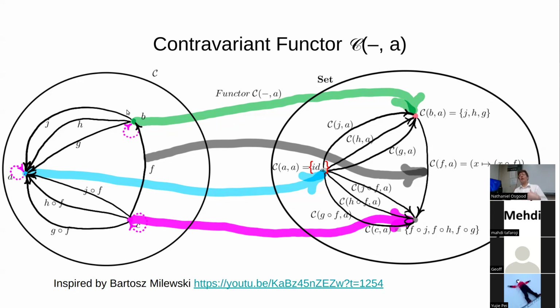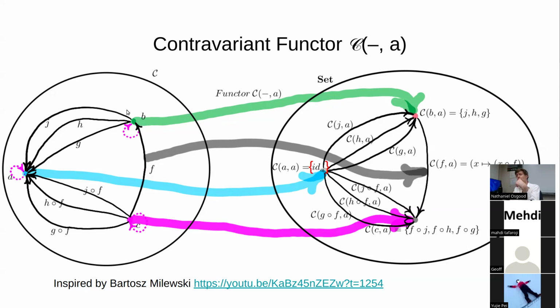The covariant version, the version we've been looking at, C(A, -), is turning each object into ways of getting to that object from A, and each morphism from, say, X to Y into a map from ways of getting from A to X to ways of getting from A to Y.